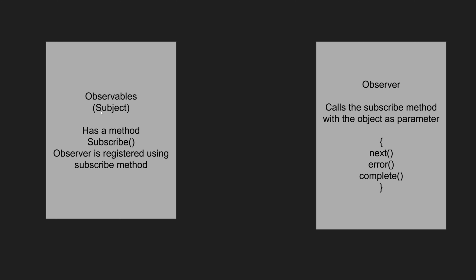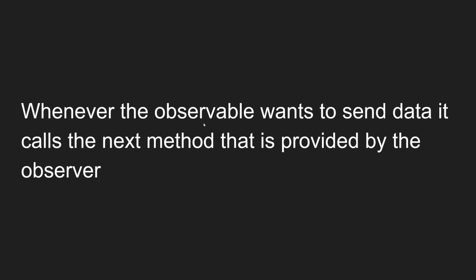Now whenever the subscribe method is called by an observer, the observable takes this object. Whenever it wants to send a value, it calls the next method provided by the observer.